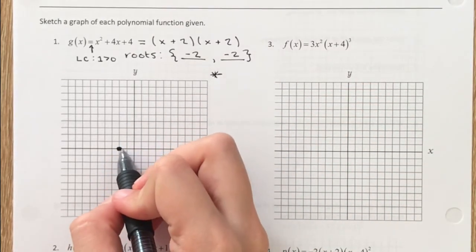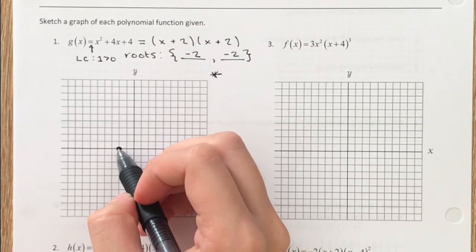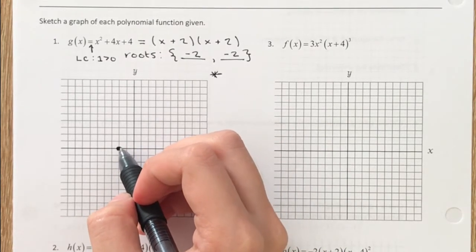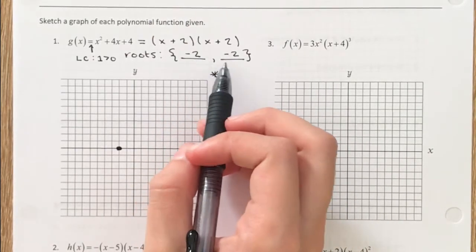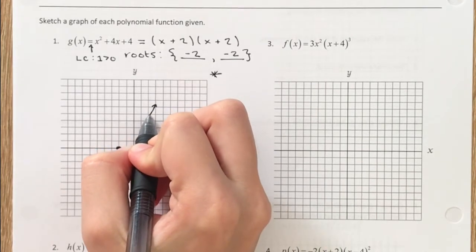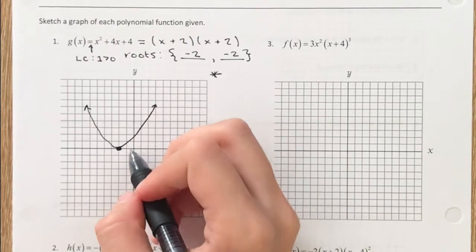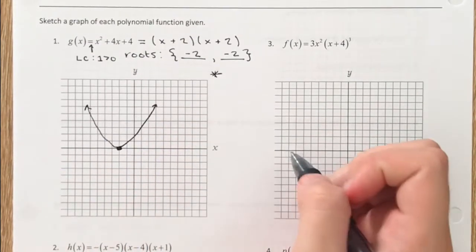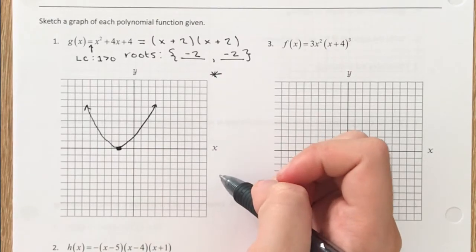I also know that at the point negative 2, 0, at that root, because it has a multiplicity of 2, because it shows up in our list of roots twice, it's going to look like a quadratic at that point. So we know we have this parabola that hits the x-axis at negative 2 and it opens upward.